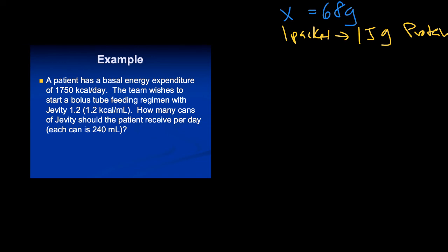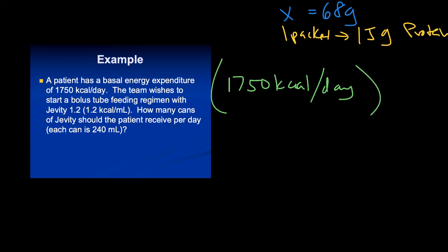Okay. Let's see. So we know that he has a basal energy expenditure of 1750 kcal per day. So you want your final units to be in cans.